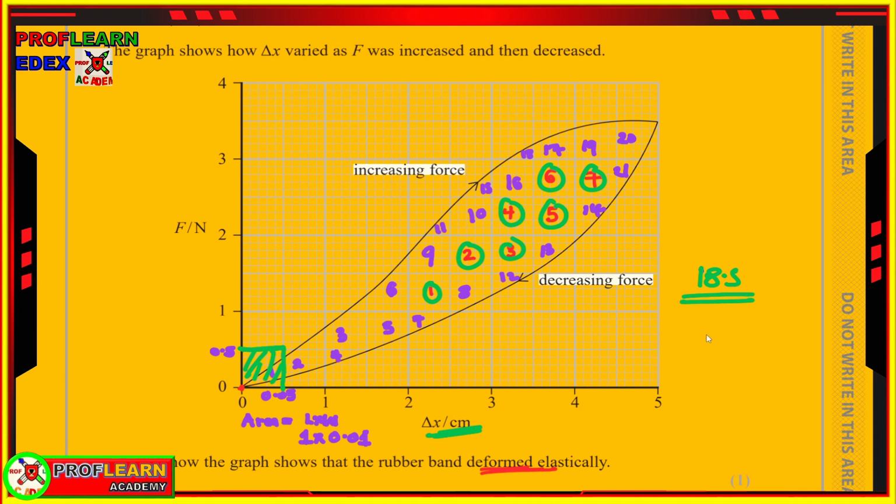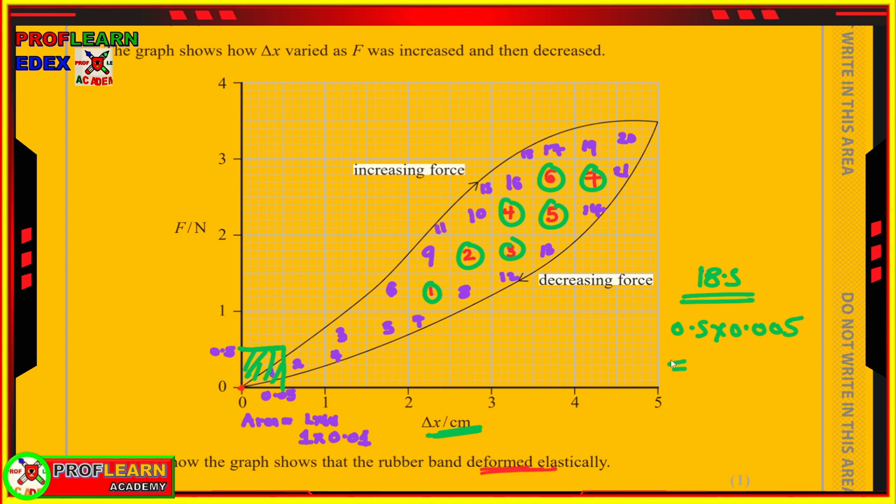1 square has how many joules of energy? Newton meter. How many joules of energy? This is going to be 0.5 times 0.005.